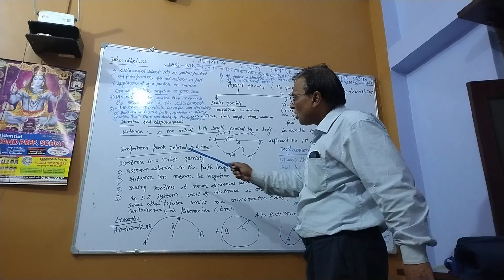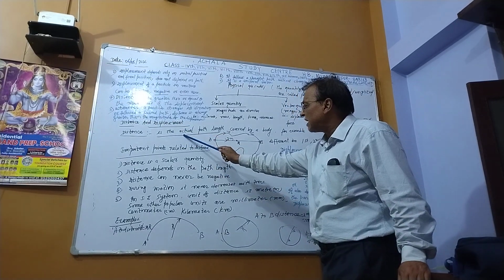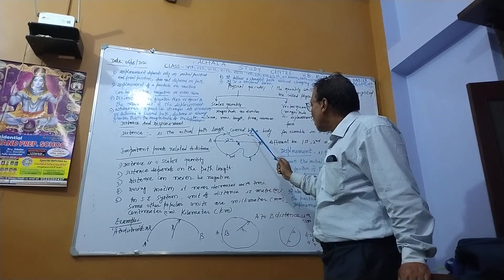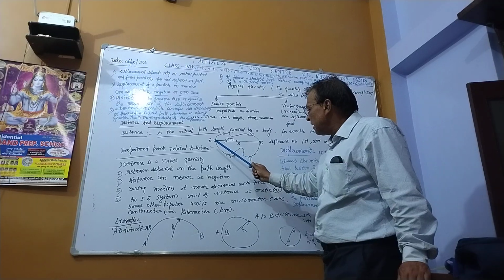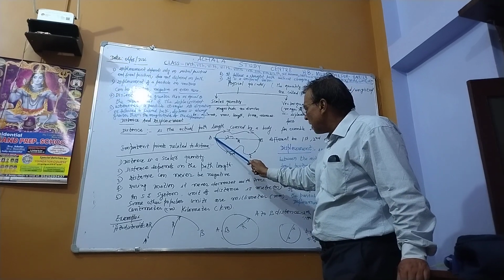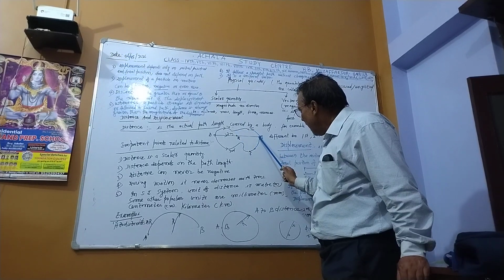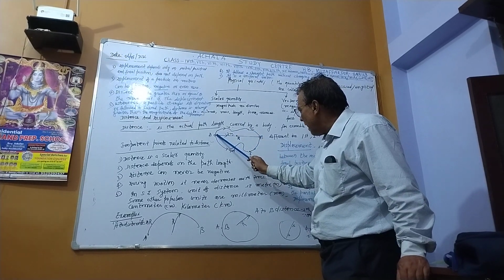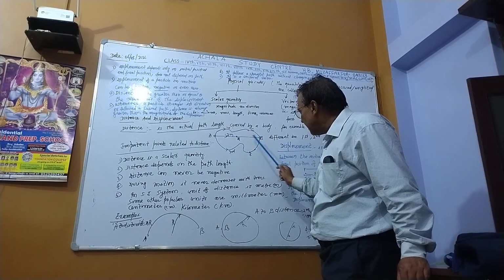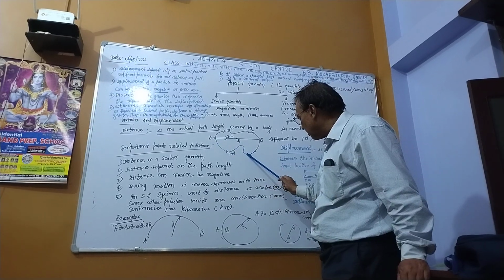Now distance and displacement. Distance is the actual path length covered by your body. Let one travel from A to B through this path: first this way, second this way directly, and the third is the zigzag curved path.